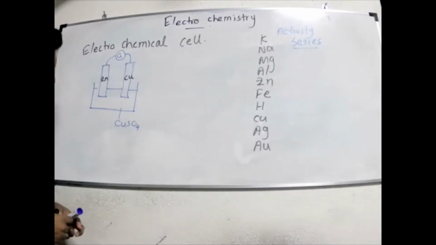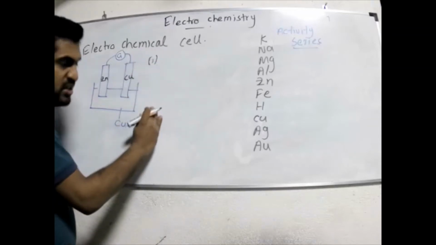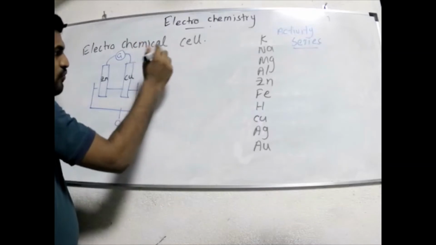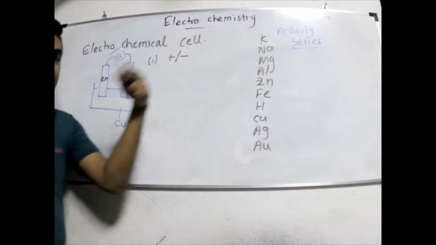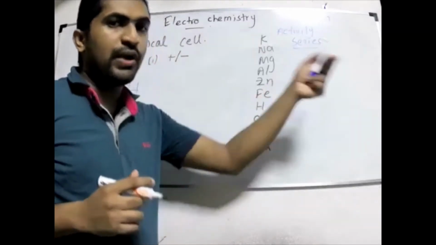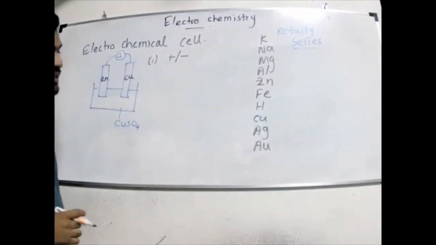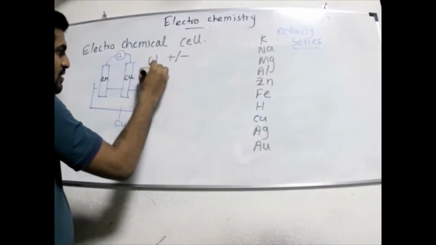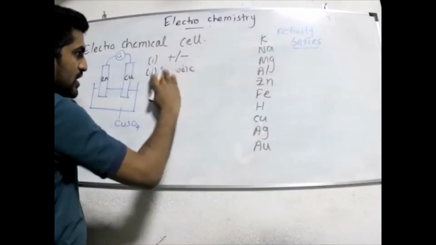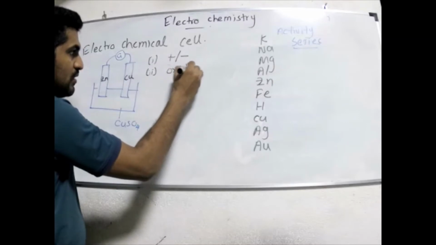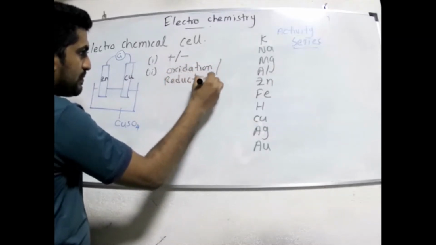So, in your paper, they will ask different types of questions. First one, they ask to name plus and minus of the cell. If it is a cell, we need to have a plus terminal and a minus terminal. Second, they will ask the oxidation or reduction reaction of this.